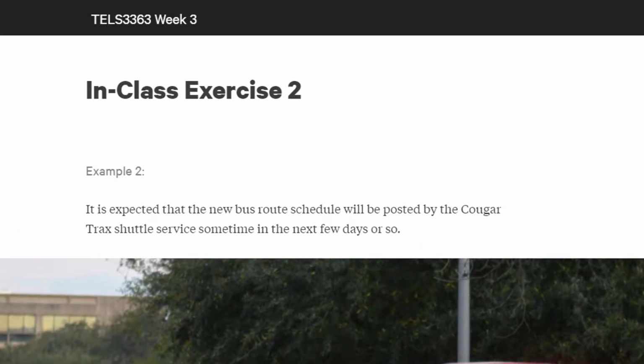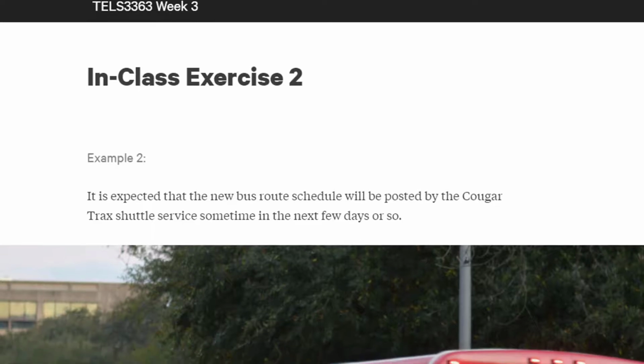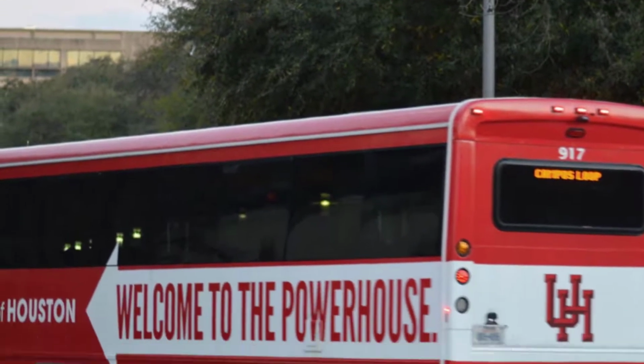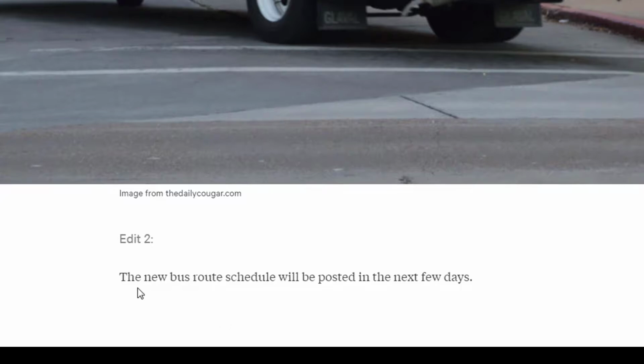Number 2, it is expected that the new bus route schedule will be posted by the Cougar Tracks shuttle service sometime in the next few days or so. Okay, that's not only wordy, that seems a little out of order. Let's see if we can take a few seconds and reword that to be as concise as possible. All right, our best effort here is: the new bus route schedule will be posted in a few days.